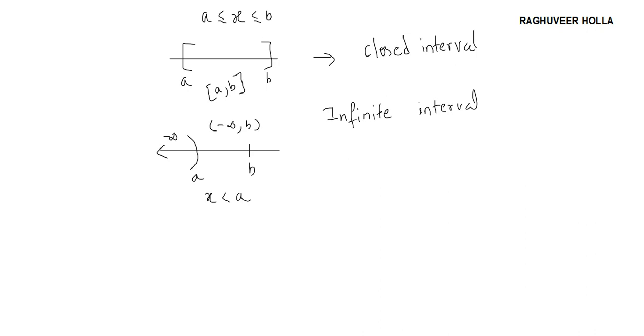If I consider another example here, which is A and this is B, that is (B, infinity), which is x greater than B.